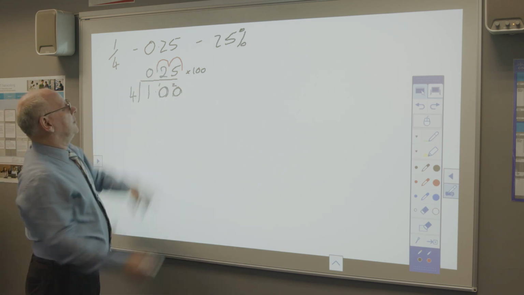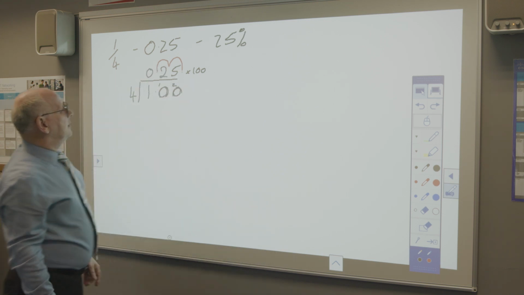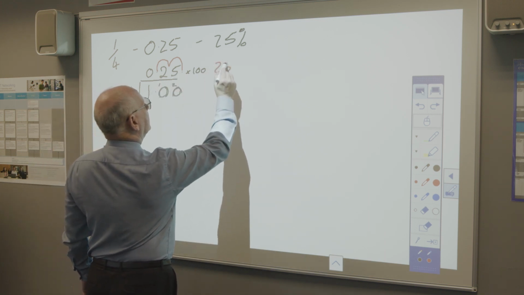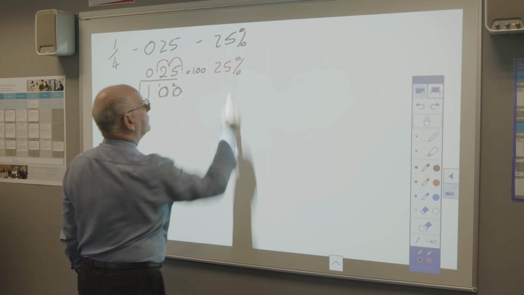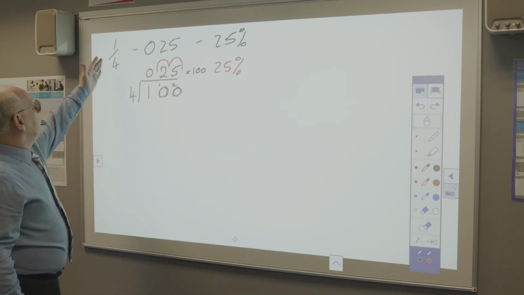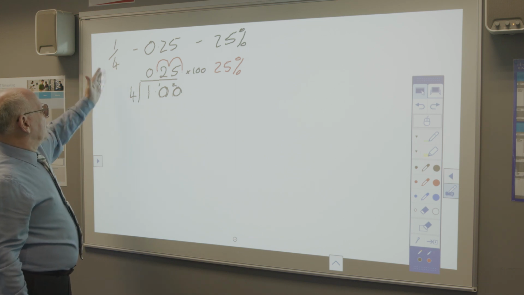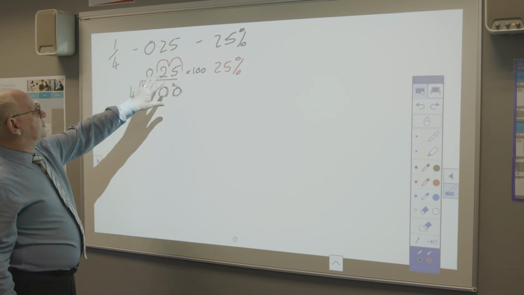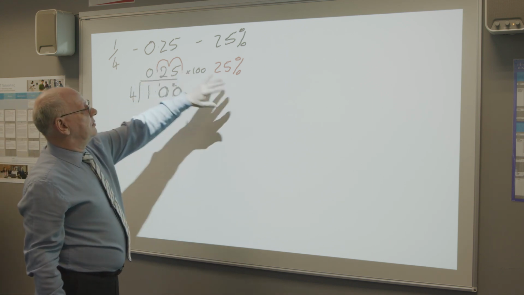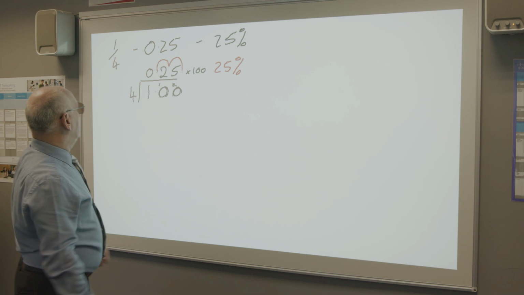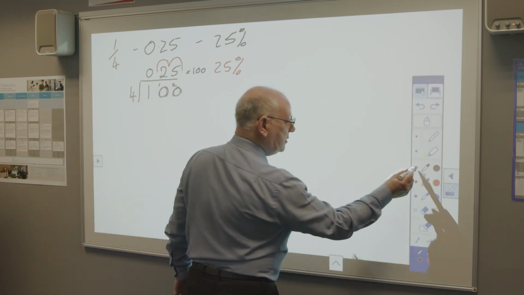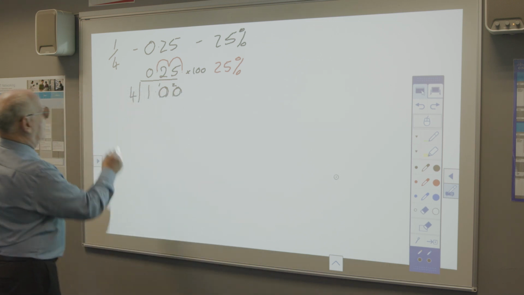Move it twice and it ends up there, which is a whole number, so you get 25%. Simple as that. So you're dividing the fraction, top by the bottom, you get 0.25. You times that by 100, move the decimal point twice, you got 25%. Let's do another one. I'll go back to black, I think. Let's try an eighth.